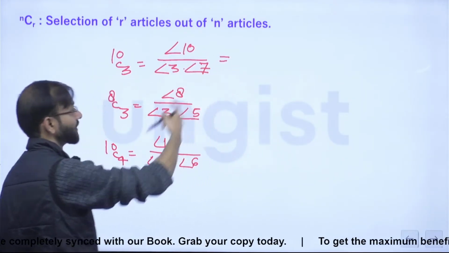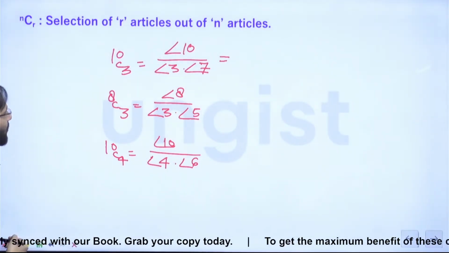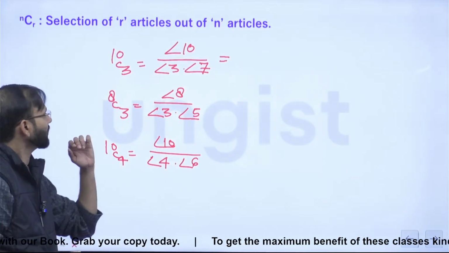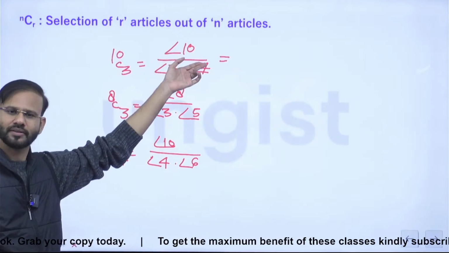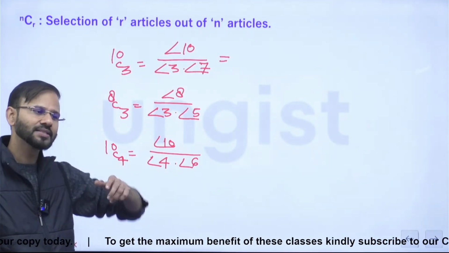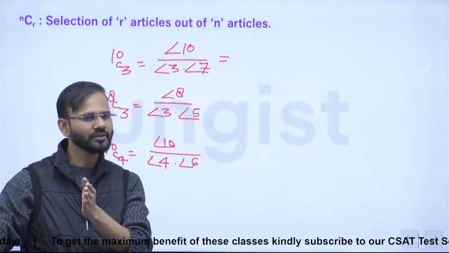Tell me one thing. This is factorial 10. Factorial 10 can be written as 10 into 9 factorial.